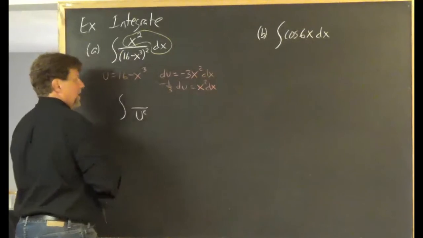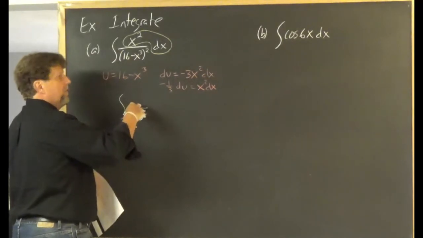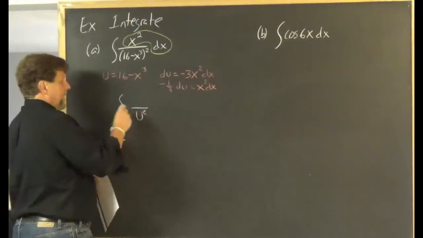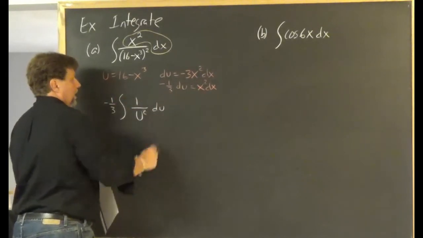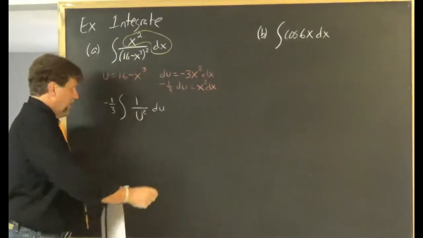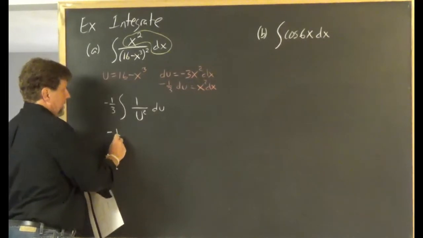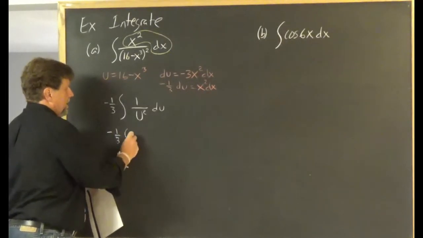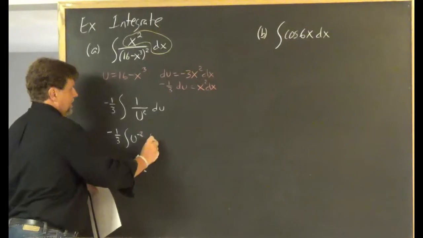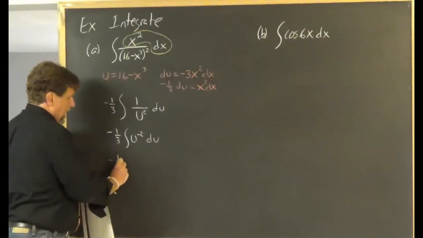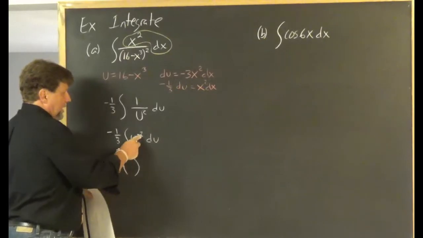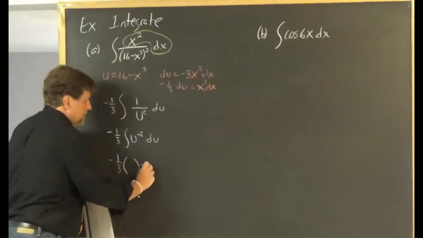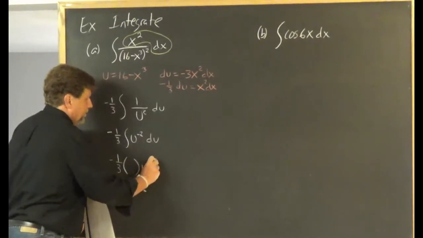So I substitute in a negative 1/3 du. I take the negative 1/3, rip it out front, and I have a very friendly integration problem. I mean, it's friendly if I rewrite it as u to the negative second. Then I use the power rule. Remember, leave a little space here. I add 1 to the exponent, so that gives me u to the negative first.